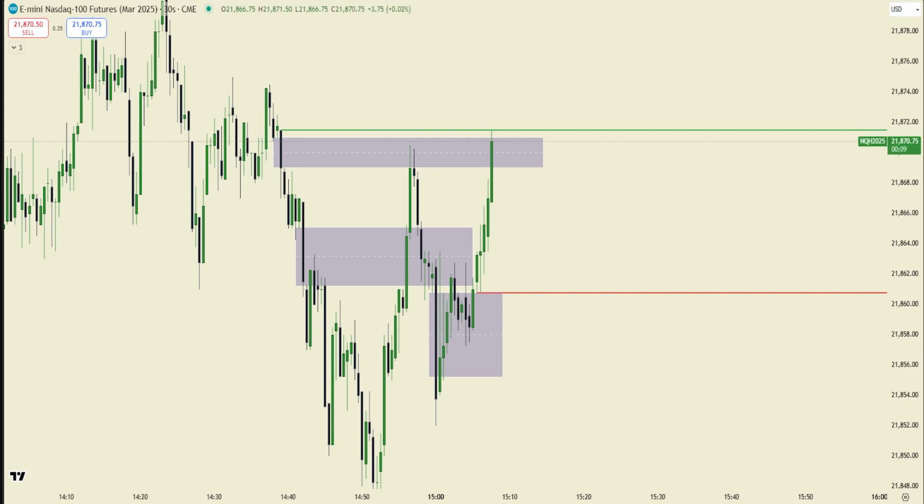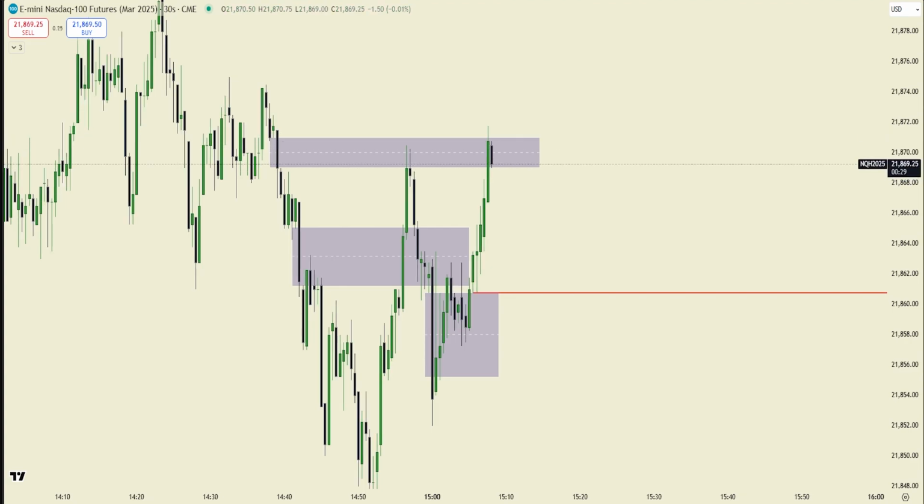So we've hit that high again. Now we just need to see price break over that last 30-second there. Made equal highs. And we didn't get the close over.